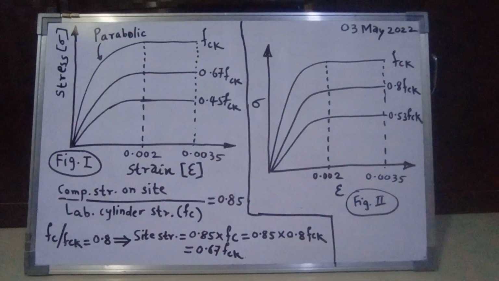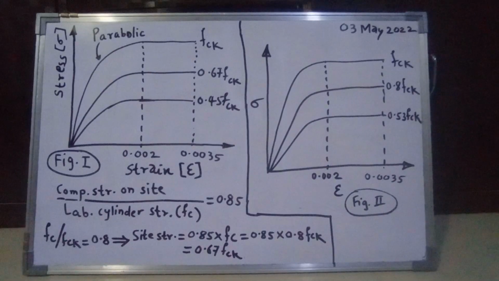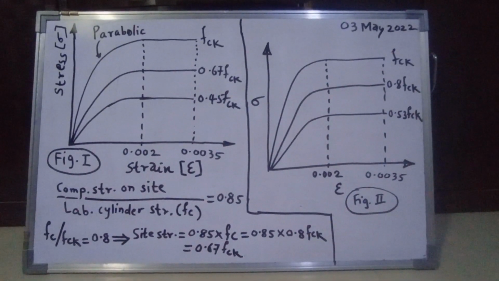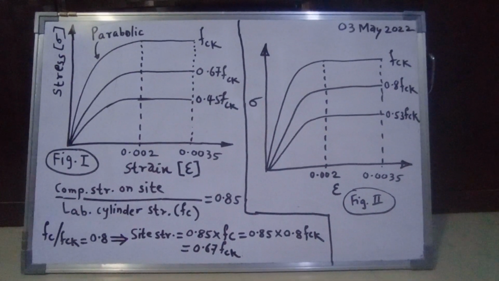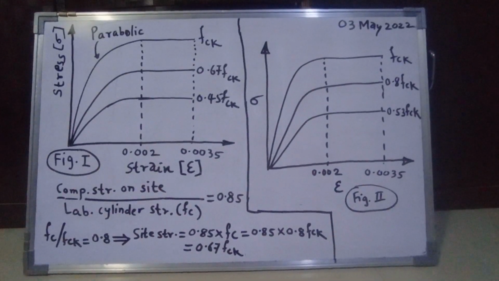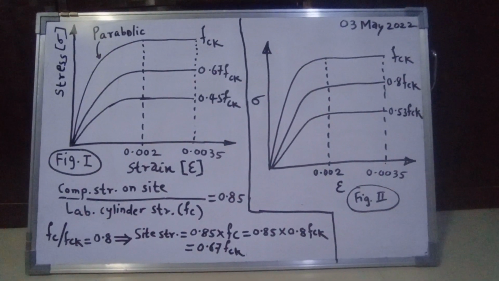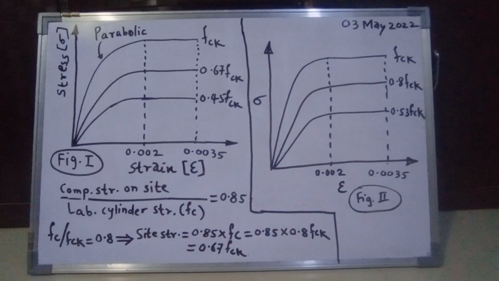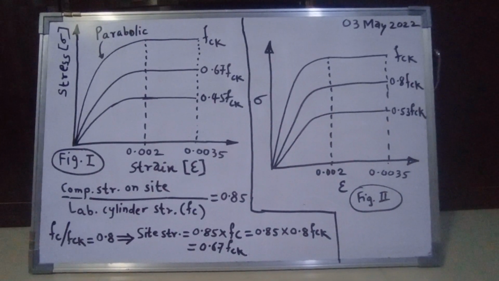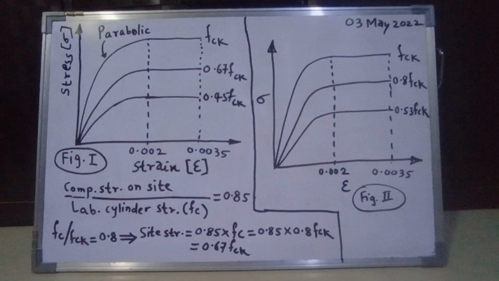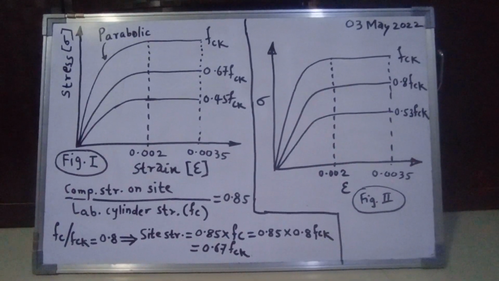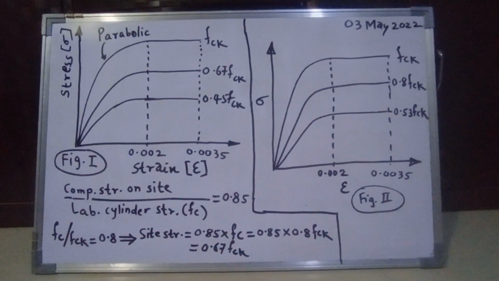And therefore, if I go back to the compressive strength on site, it will be 0.85 into FC. But again we know that FC is 0.8 times FCK. Therefore, site concrete strength is 0.85 into 0.8 times FCK, and therefore it becomes 0.67 FCK.